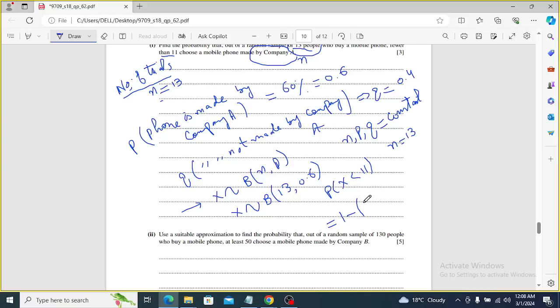I will calculate the probability of x equals 11, 12, 13. This is my smarter approach. The examiner is asking you to get the probabilities below 11, so it means these are 10 probabilities you are supposed to calculate, but that is not a sagacious approach to do that level of hard work. So just get these 3 probabilities.